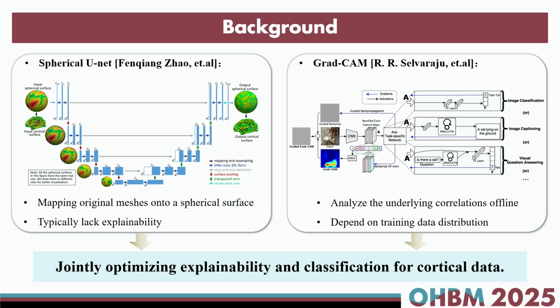Second, existing explainable methods rely on post-hoc analysis: models are first trained for a specific task and then the underlying correlations are analyzed offline. But these interpretations are shaky. They depend heavily on training data and often don't reflect how the model actually decides.